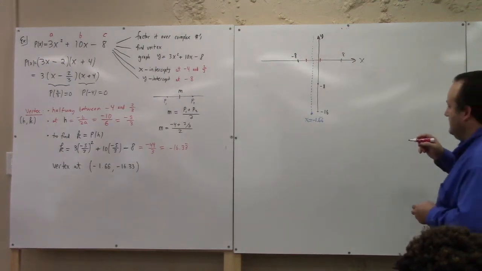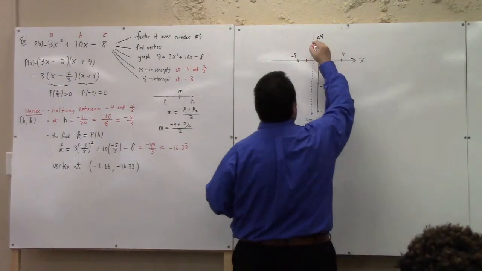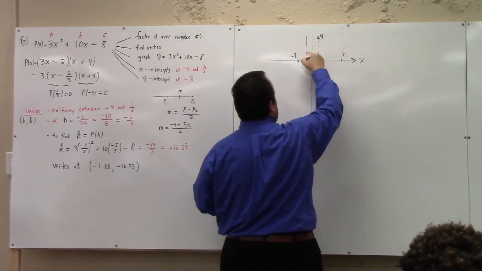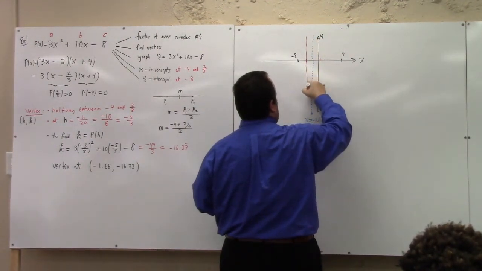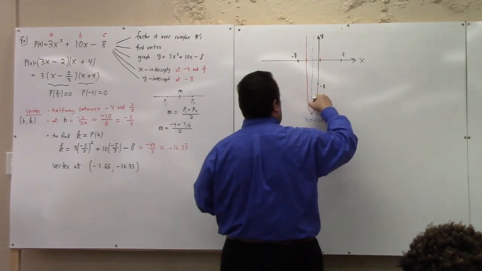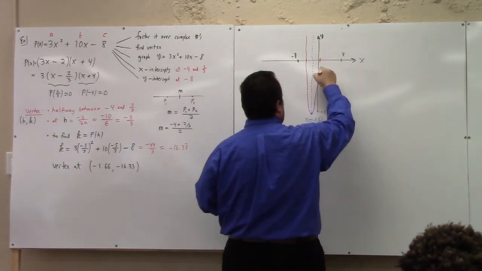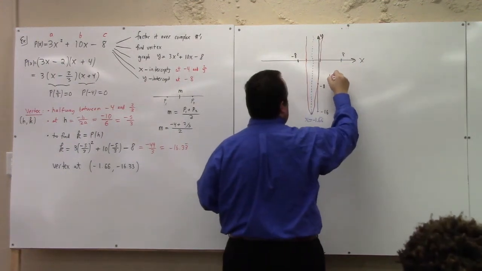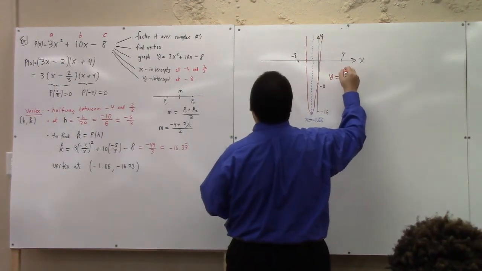And as I said, because I chose the scale to be the same for the x and the y, the parabola is going to look really, really steep. Sorry, my parabola is very, well, sketchy.